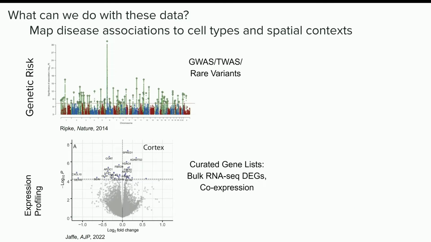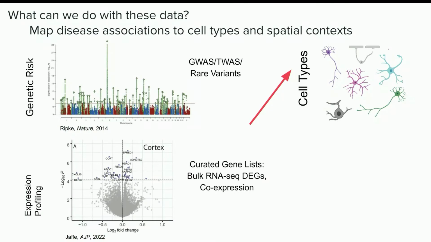Okay, so what can we do with these data? If we think about the brain, for example, a lot of what we know from the brain comes from either GWAS studies, like we had a presentation on earlier today, or from bulk gene expression papers, where we either get some kind of GWAS hits, TWAS hits, rare variants, or maybe we have a set of genes that we curate from bulk RNA-seq studies that compared, for example, neurotypical and schizophrenia patients.